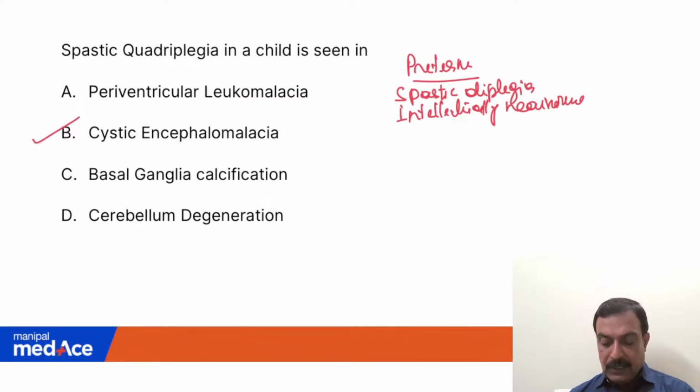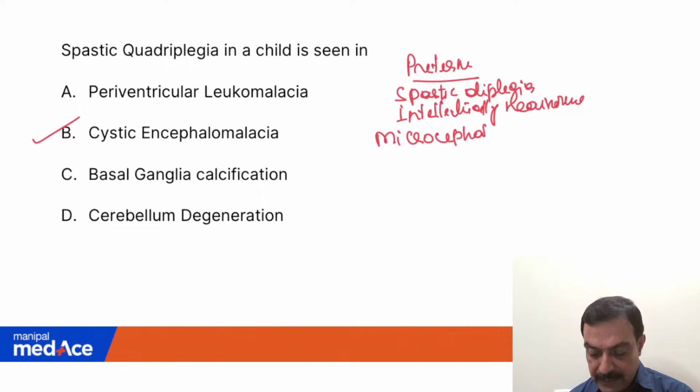So periventricular leukomalacia is not the reason for a spastic quadriplegia. Cystic encephalomalacia, also called a porencephalic cyst, is the classical cause. In a spastic quadriplegic baby, we also have microcephaly.